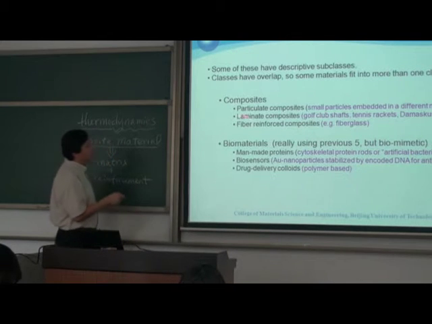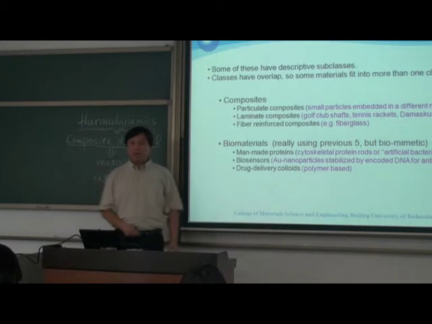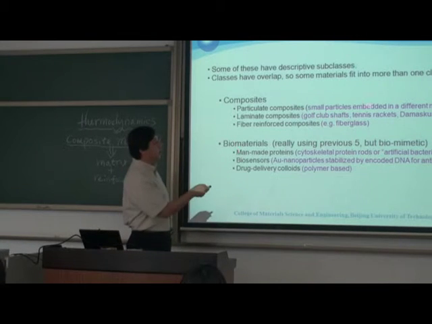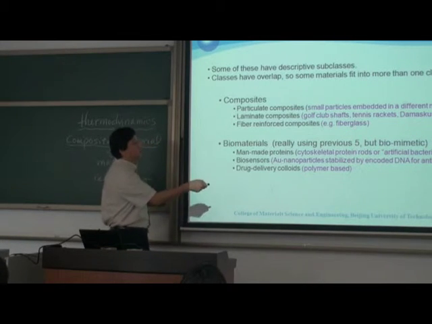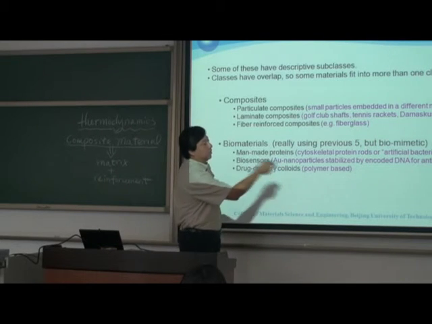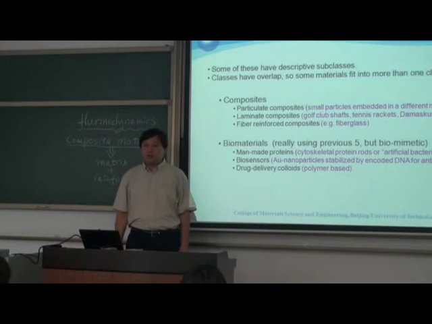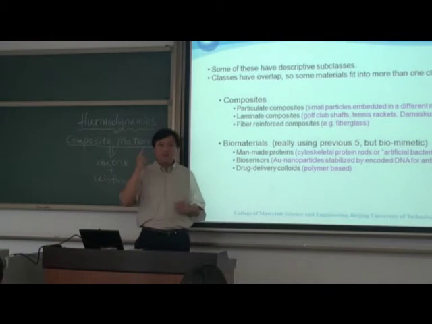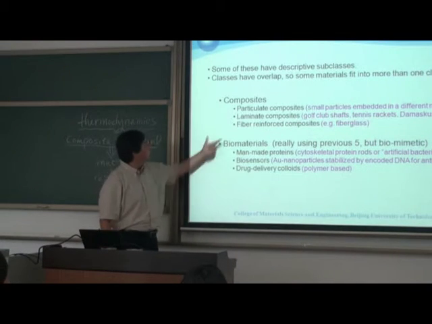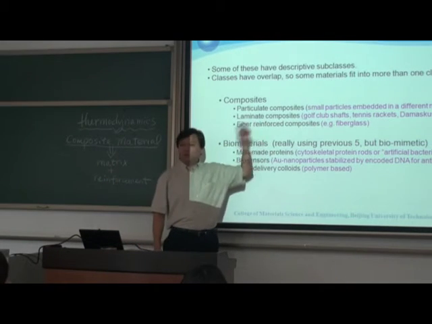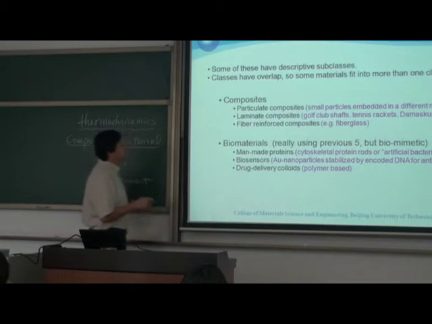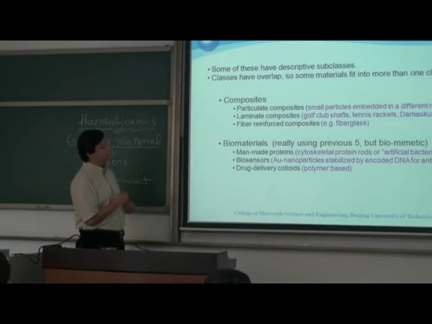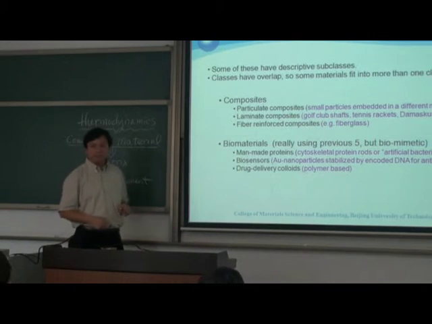Or laminate composite. Laminate means a big plate. So golf club shafts, tennis rackets, and also this Damascus sword. 这是什么东西啊？大家听说的大马士革那种剑吗？That's a typical composite material with a laminate reinforcement. And fiber reinforced composites, such as fiberglass.